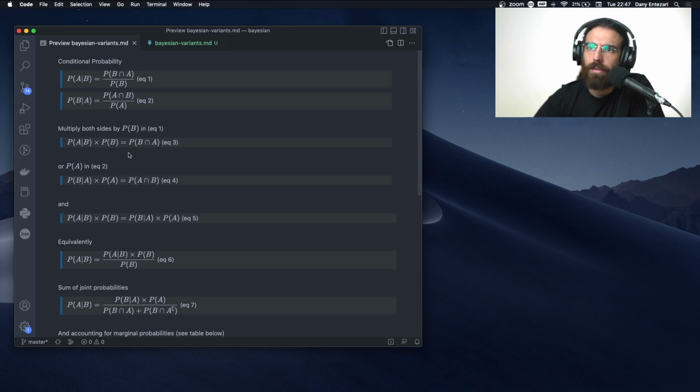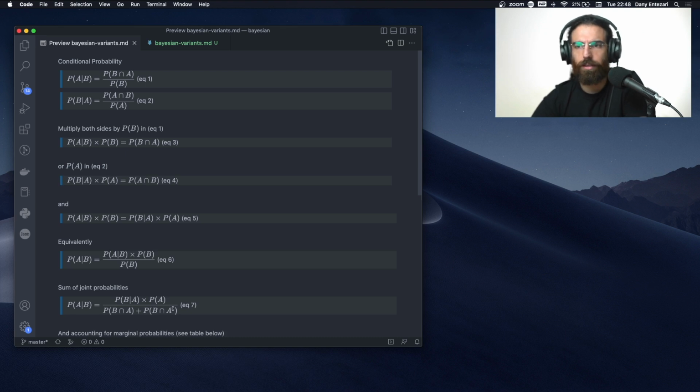Had we done the same thing for equation 2, where we multiplied the probability of A on both sides of the equation, we would have gotten this. So probability of A has moved from the denominator here to the left.